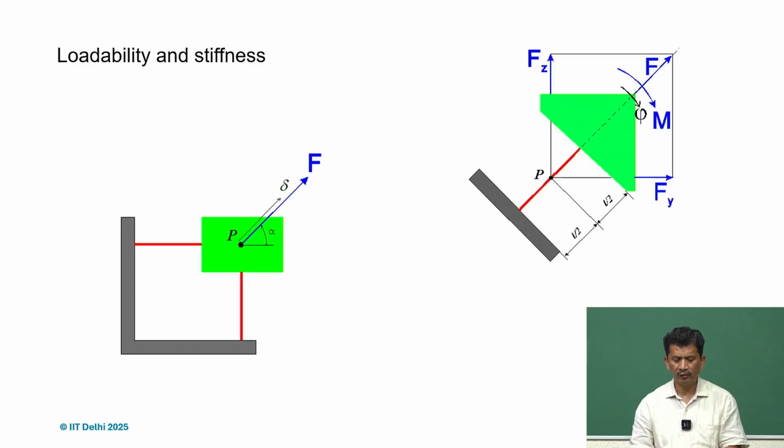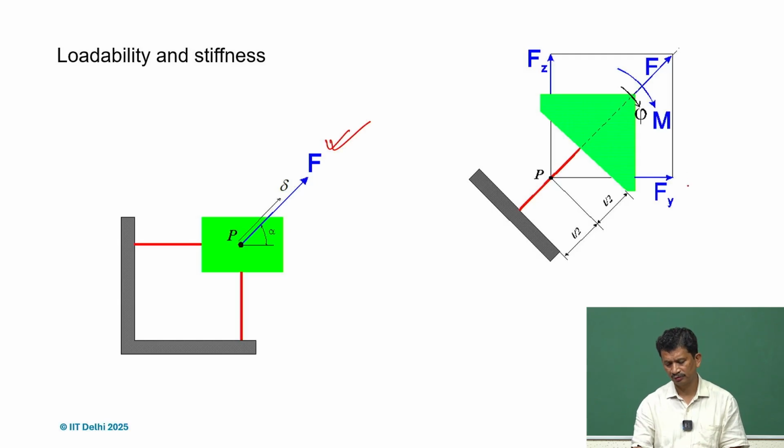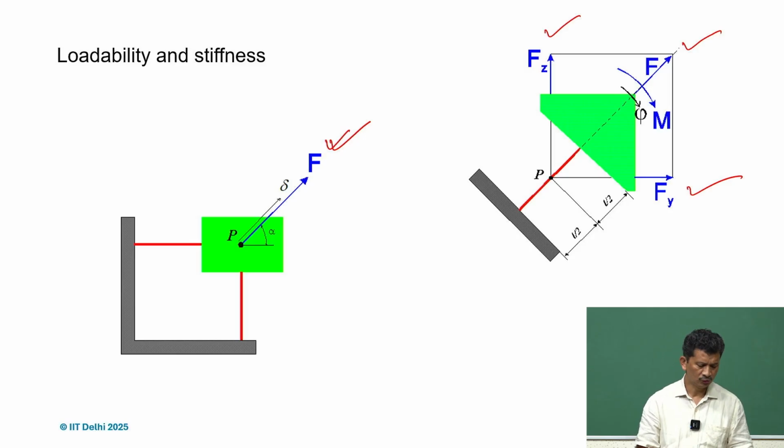So, when we know that this dominant load is not static and the directions are changing all the time, what we can always do is resolve it into two components, Fy and Fz, and then considering Fy and Fz as dominant loads, we can put two flexures.